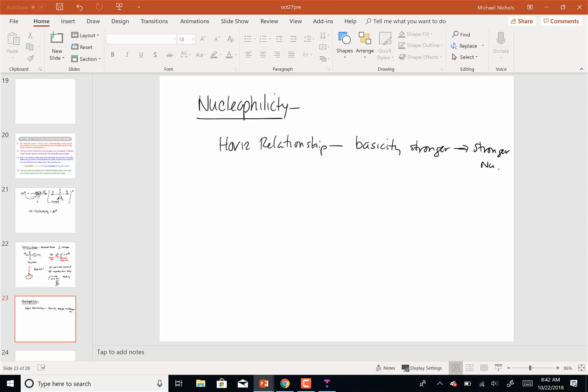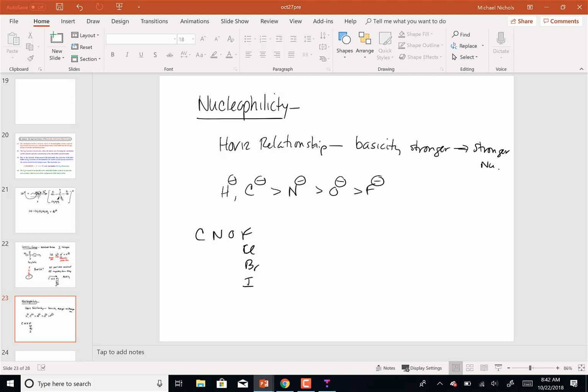So what do I mean by a horizontal relationship? Well, I mean on the periodic table that I just drew, C, N, O, F, and then your Cl, your Br, and your I, it means that if I said, okay, N minus would be stronger than O minus, would be stronger than F minus. And of course C minus, and I'm going to throw in H minus because we're going to get to that eventually.